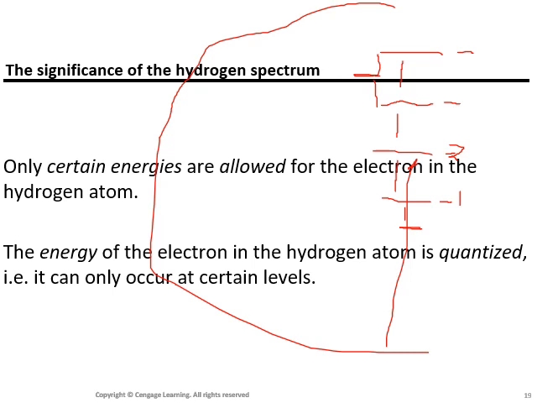Okay, but they don't stay in these regions between these orbitals. The reason is because whenever you have a wave, it has a wavelength. And in order for that wave to continue to propagate itself, it has to match at the ends. So just to try to draw this, whenever you have this wavelength, in this case it's being bent into a circle. So for example, here, what I just drew, if the nucleus is in the middle here, these have to match up when they come around to the other side and rejoin the wave.